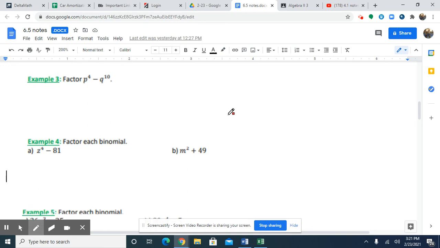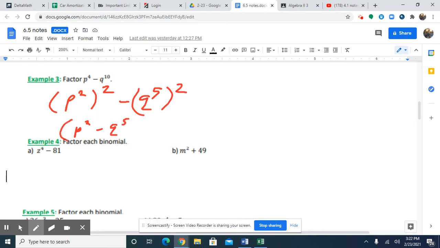So if we just take that concept, we can rewrite this as p squared to the power of 2, because 2 times 2 would give us 4. And then we can rewrite this as q to the 5th power to the power of 2. And now we have something that we can factor out. So p squared minus q to the power of 5 and p squared plus q to the power of 5.